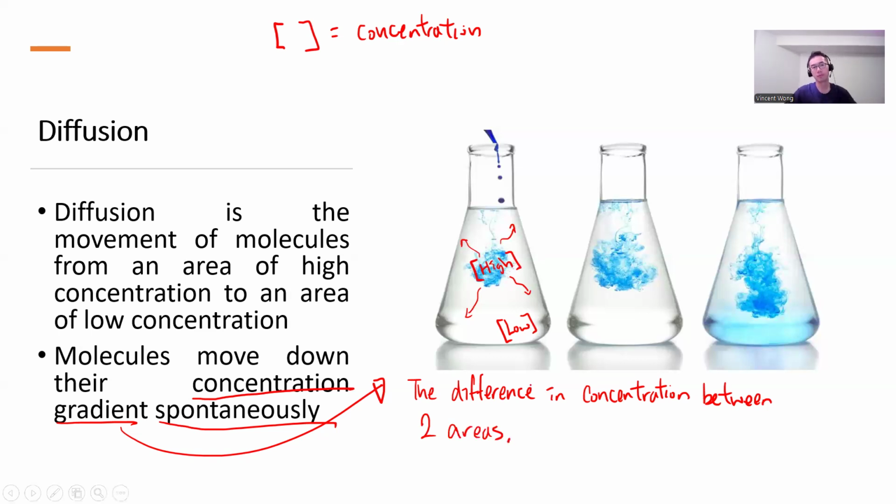In this case, there's a high concentration here and low concentration here. There is a gradient, so the material will go from high to low, again on its own. So that is diffusion. Pretty straightforward, I hope.